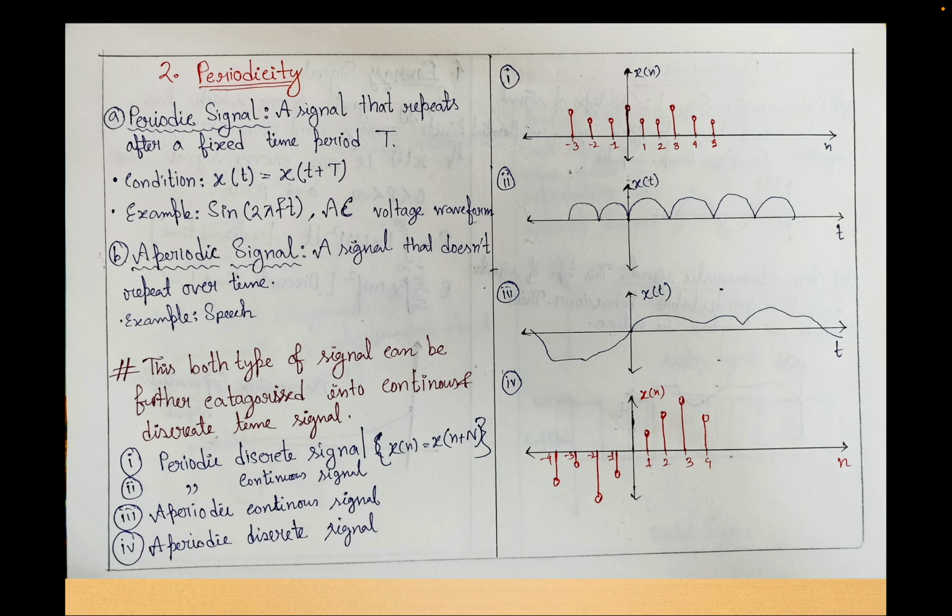As you can see in graph number 1, I have shown an example of a periodic discrete signal. Like that, an aperiodic continuous signal in 2, a periodic continuous signal in 3, and an aperiodic discrete signal in 4. So you can clearly understand by seeing the difference in the graph.